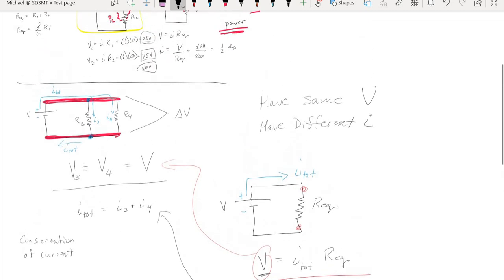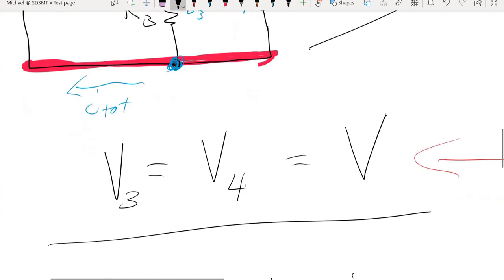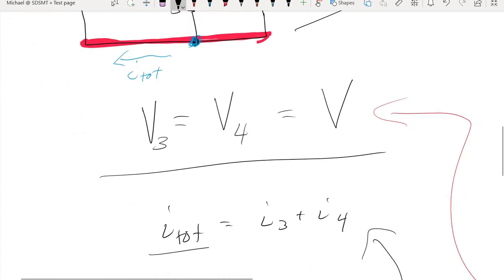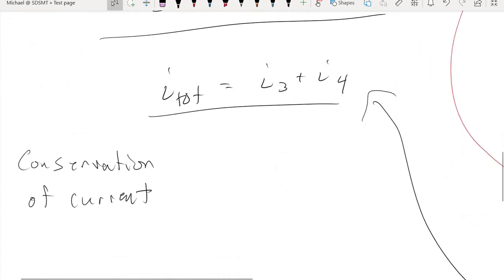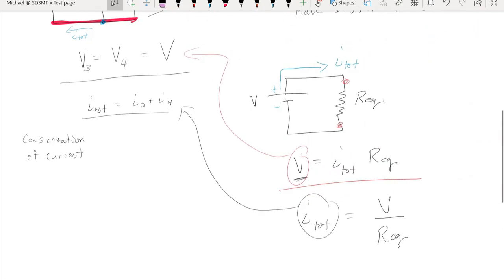Basically, whatever current enters a node or an intersection between wires has to equal the amount of current that exits that node. And we already have that idea established. But now we can start bringing this information together.